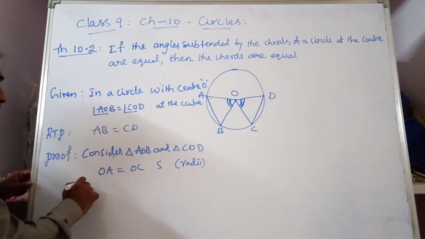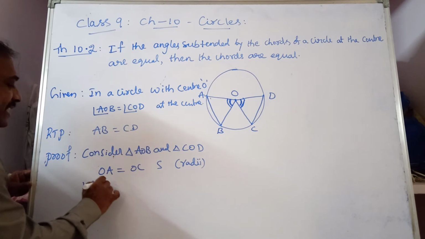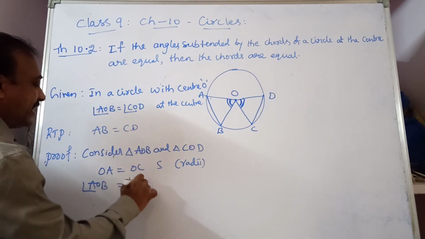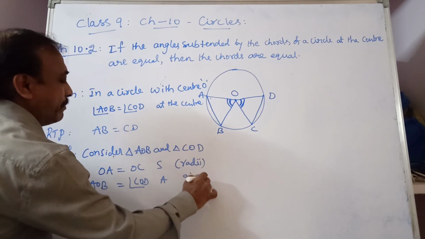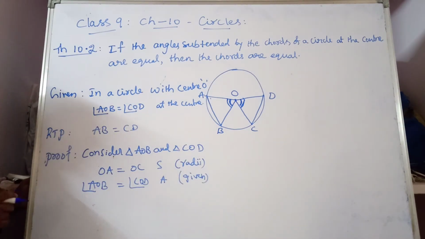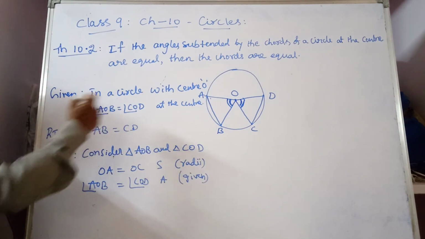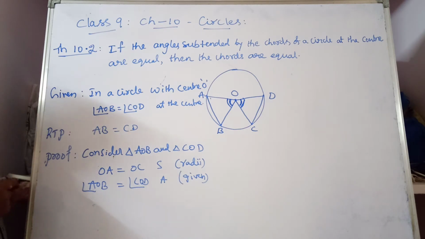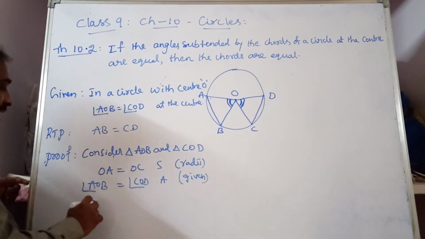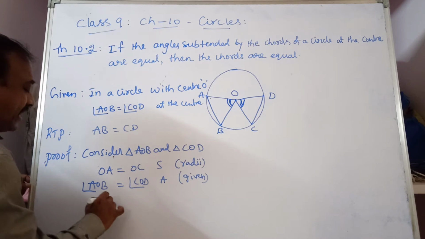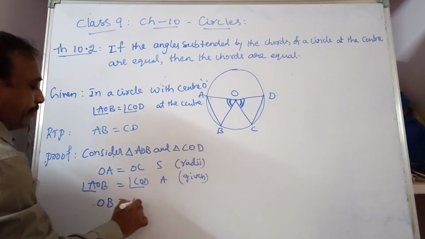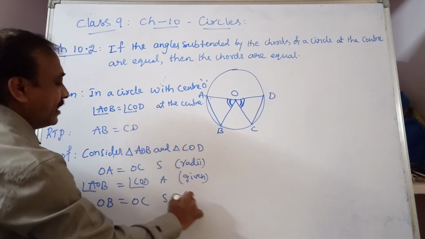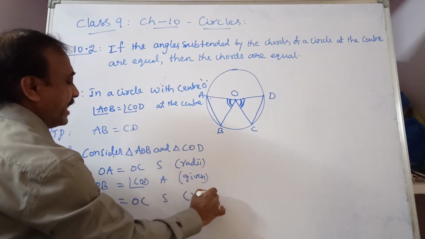Next, angle AOB is equal to angle COD, which is given in the statement that the angles at the center made by the chords are equal. Next, OB is equal to OC. This is also a side, which is nothing but radii.